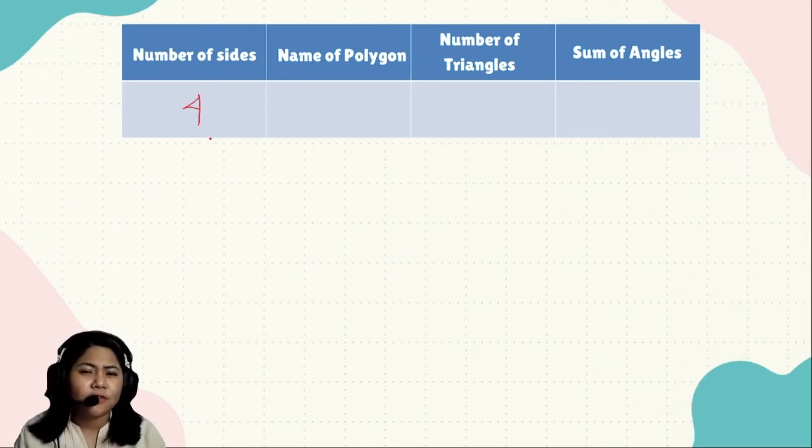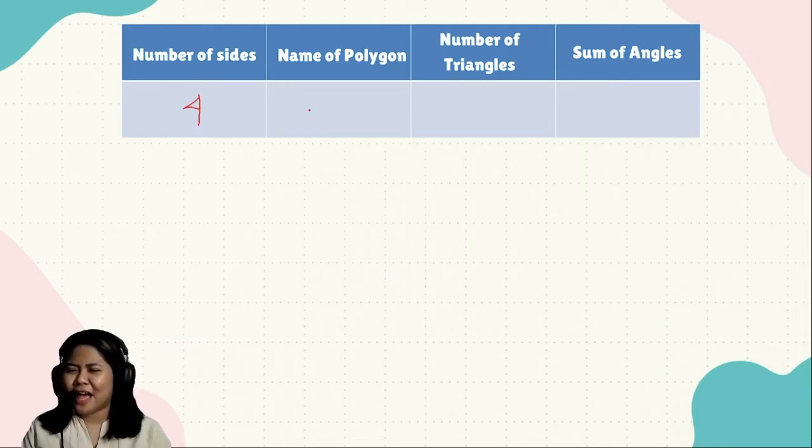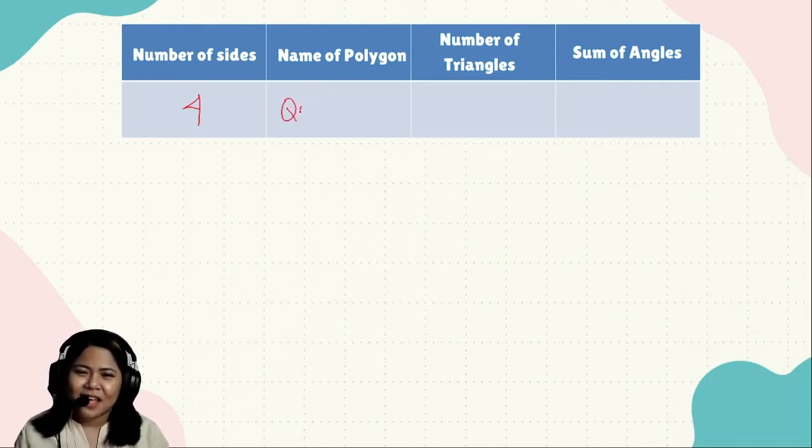How do you call a four-sided polygon? If you answered square, rectangle, correct. Tama yon. They are four-sided polygons. But in general, they are called quadrilateral.